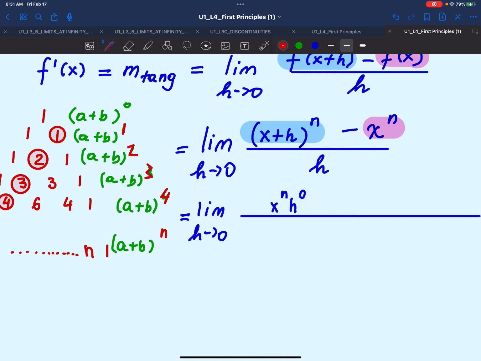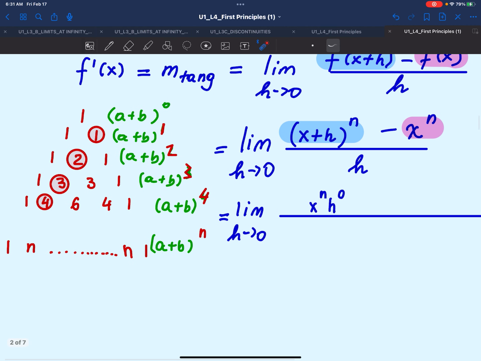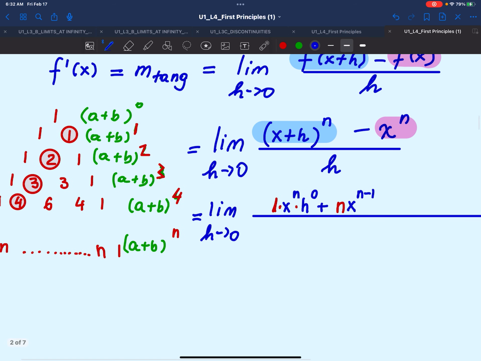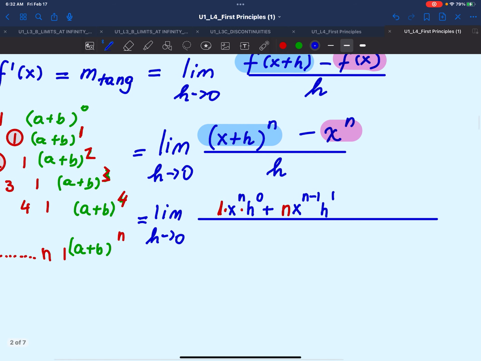The coefficient is 1. So 1x to the power of n times h to the power of 0. Now, the second term will have the coefficient n. So we'll write plus coefficient n. Now remember that x will go down 1 power, so n minus 1. h will go up a power, h to the power of 1.